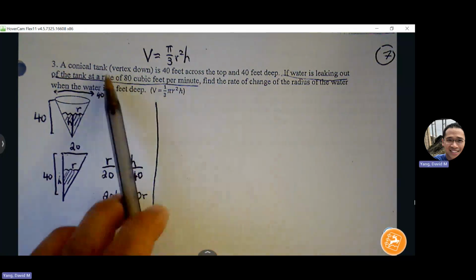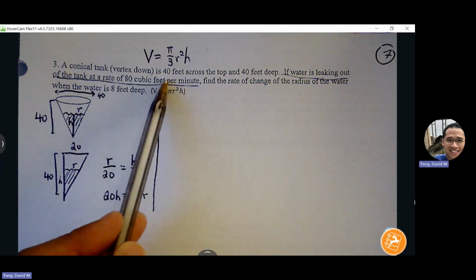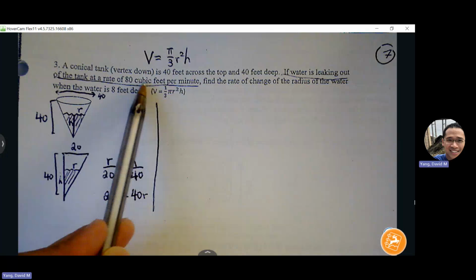Volume. Okay, how do you know it's volume related? Something else is giving cubic feet, right? Cubic feet, that is a volume dimension. That's a 3-dimensional unit, so we know it's volume.